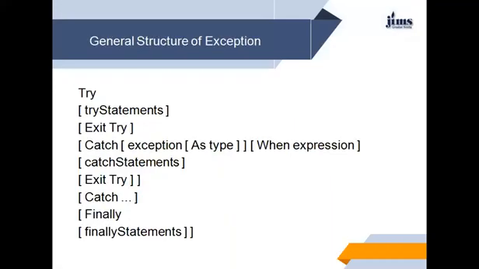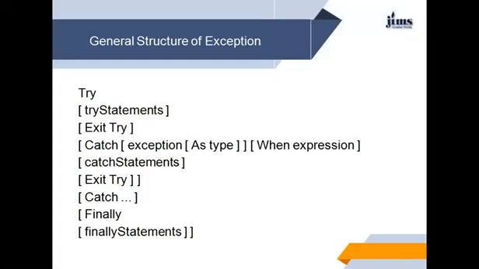Now see the general structure of an exception. First of all, try is there. After that, the try statements will be there. Whatever code you are writing will be written in the try block. After that, exit try. Now the catch exception as type. Here you will write which type of exception it is, when expression, and after that the catch statements. So here you will write different catch statements.